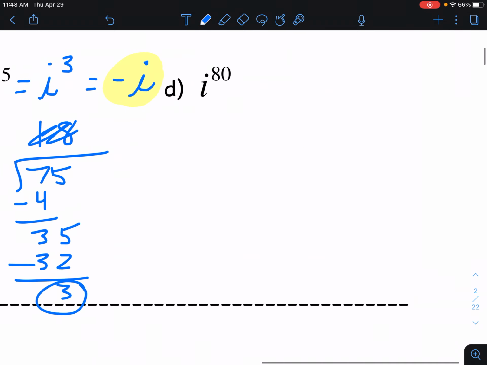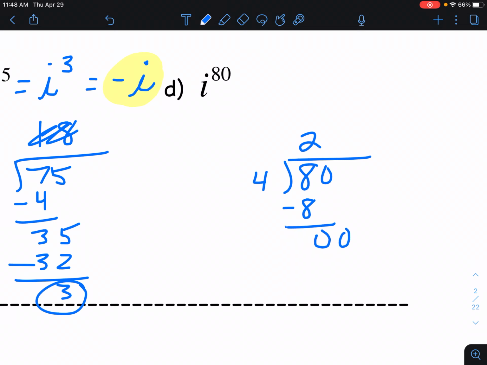Now let's see for i to the power of 80. So 80 divided by 4. 4 goes into 8 twice. Bring down the 0. And that would be 0. Well, we have no remainder here. So a remainder of 0 means that we go back. i to the power of 80 is i to the power of 0.